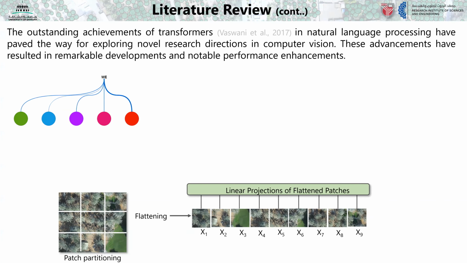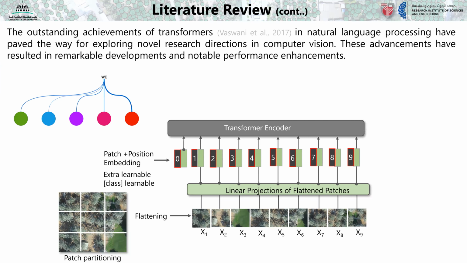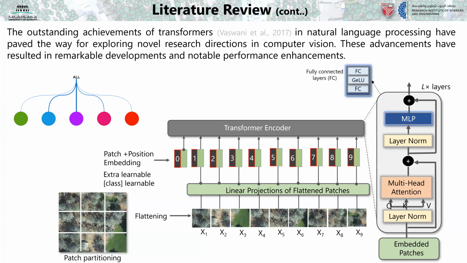These small patches are flattened into a one-dimensional sequence or vector through a learnable linear projection with dimension E. The position is embedded by a position embedding, with also an extra learnable class token. All these patches are independently passed through the vision transformer encoder, which consists of multi-head self-attention.